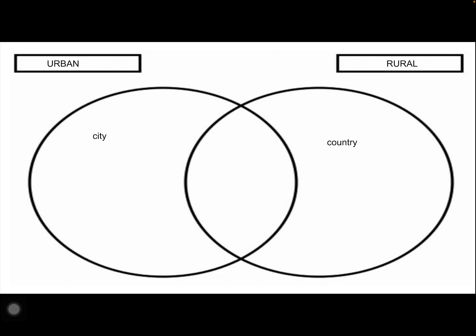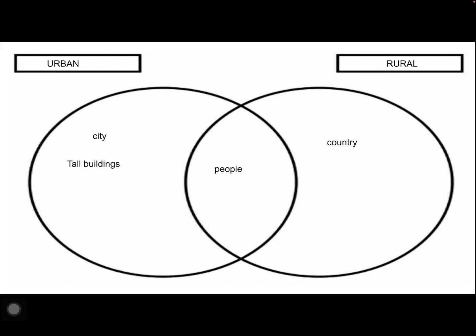How about the word people? Where would we see people? Well, people would be in the middle where the circles overlap because people is a word that talks about both kinds of communities. We would see people in an urban community and we would see people in a rural community. How about tall buildings? Can you guess where we would write that?